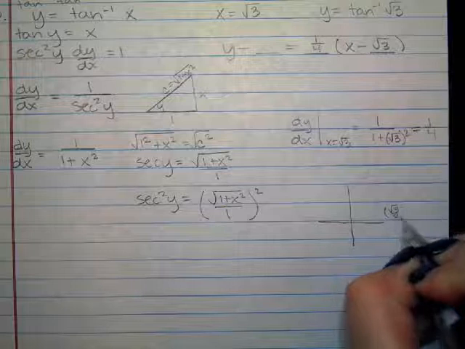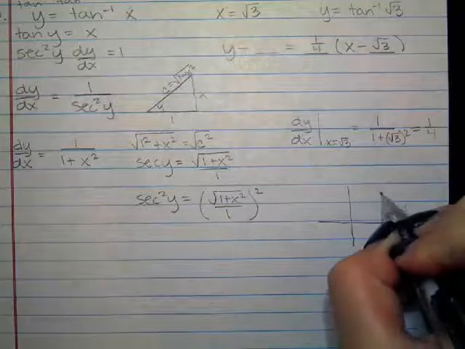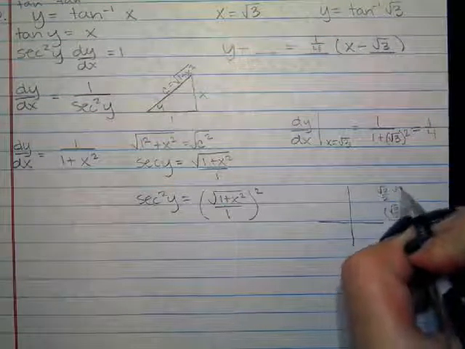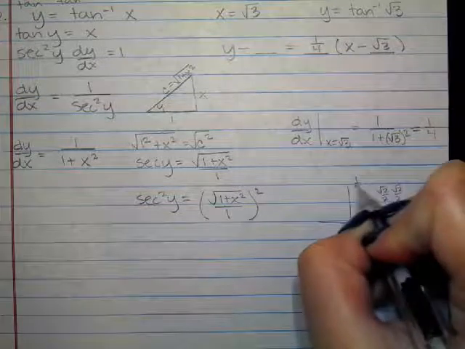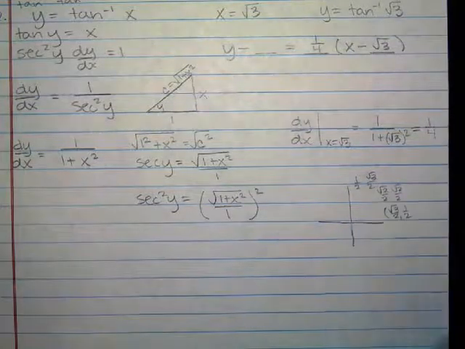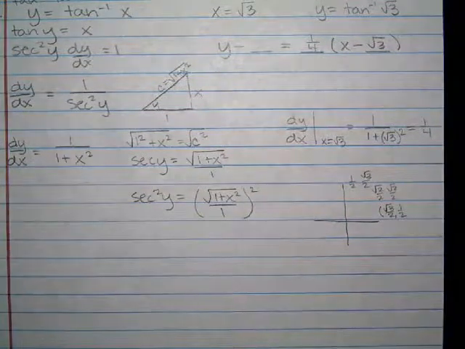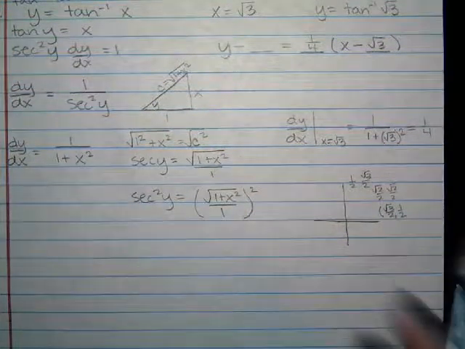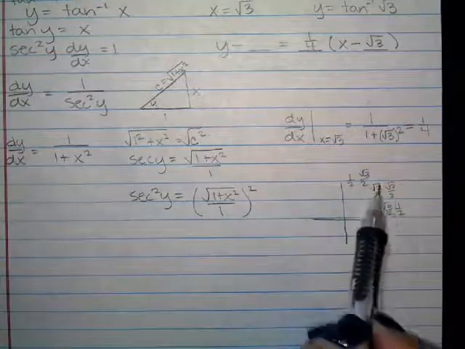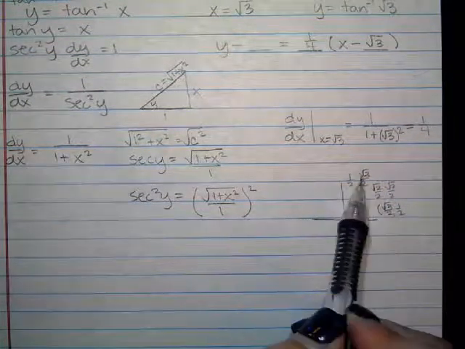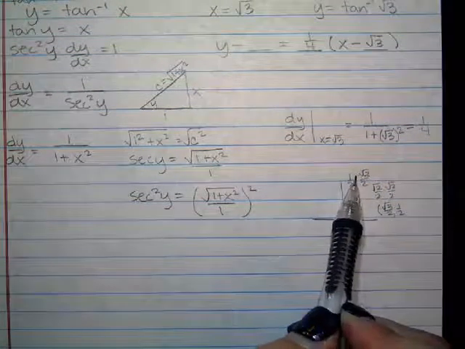This is root 2 over 2, root 2 over 2, and then this is 1/2, root 3 over 2. I'm picturing the one that has a y divided by x that simplifies to be root 3. So which one is it? Yeah, this one right here, which is pi thirds.